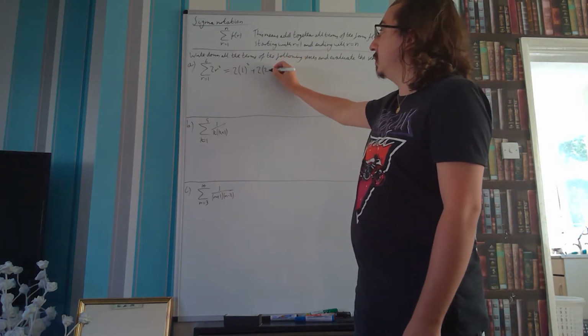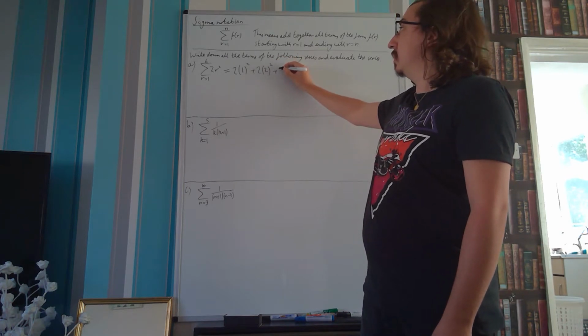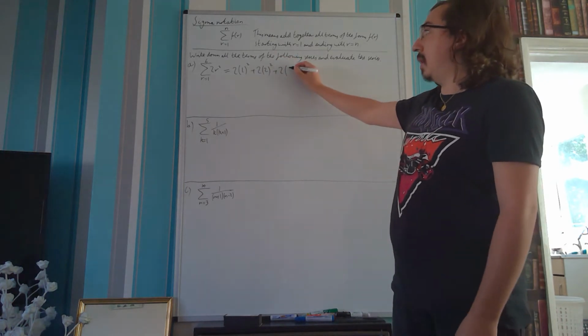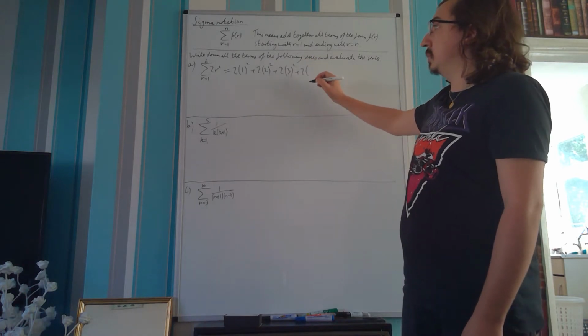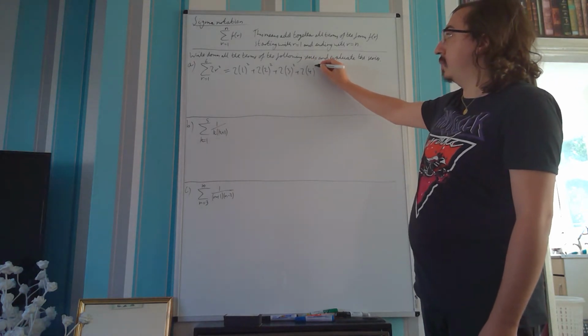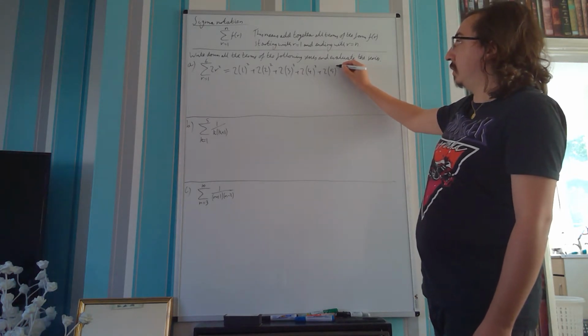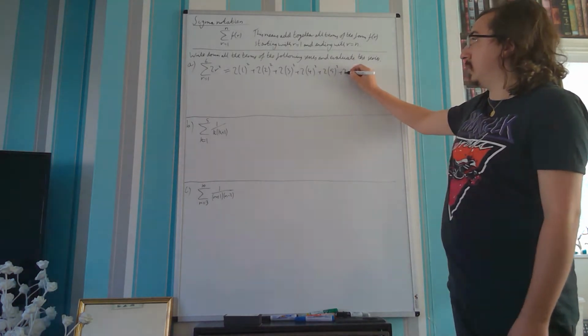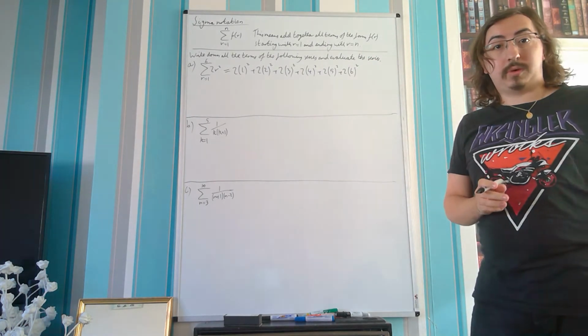We're going up in integers. So we've got 2 times 2 squared plus 2 times our next r value, which is 3 squared, plus 2 times our next r value, which is 4 squared, plus 2 times our next value, which is 5 squared, plus 2 times our next r value, which is 6 squared.